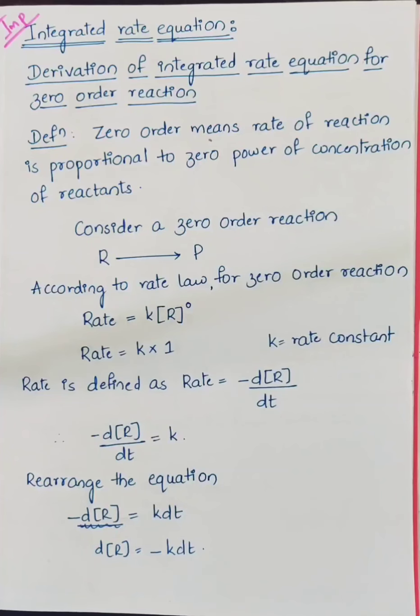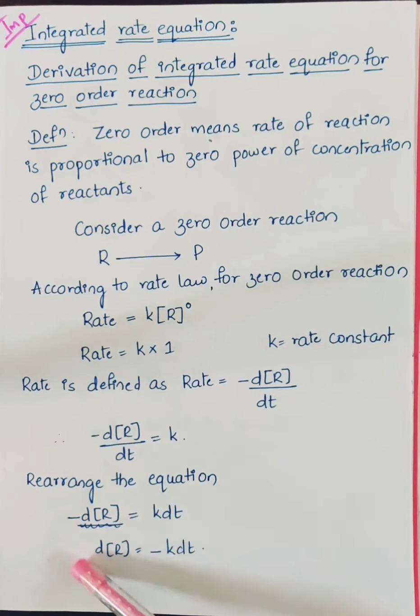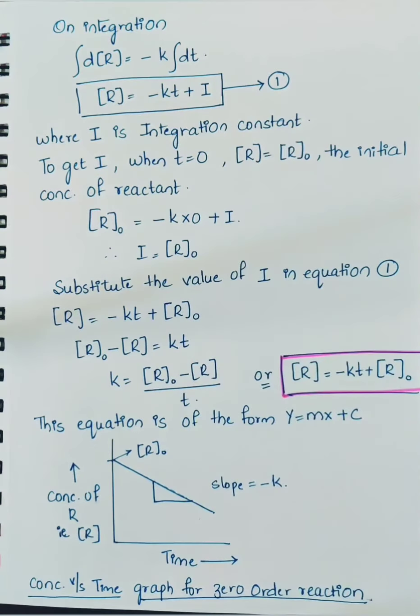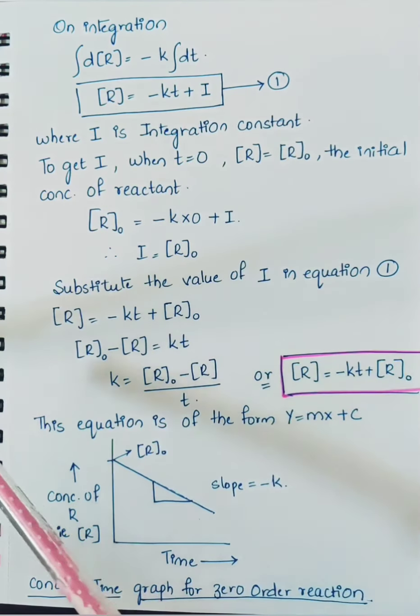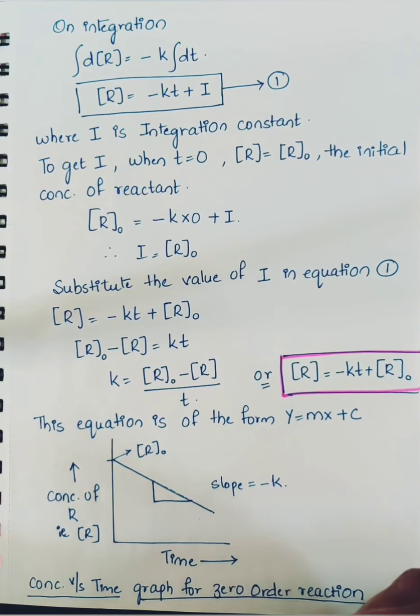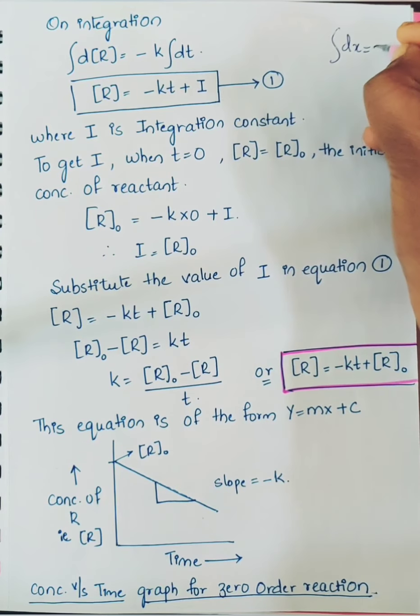To simplify this differential equation, we can just integrate. Integration should be done on both sides. So I integrate dR on the left, and on the right minus K, which I have taken outside, times the integration of dt. We all know that the integration of dx is equal to x.